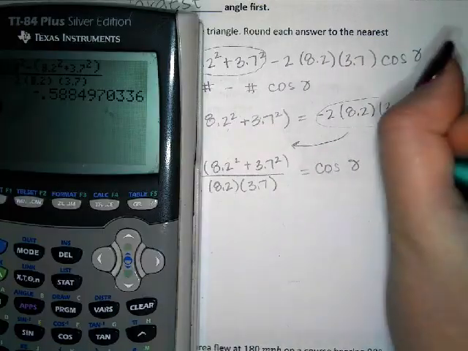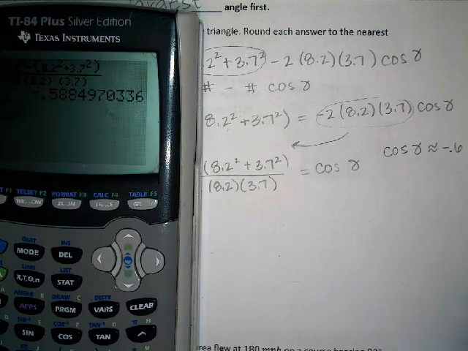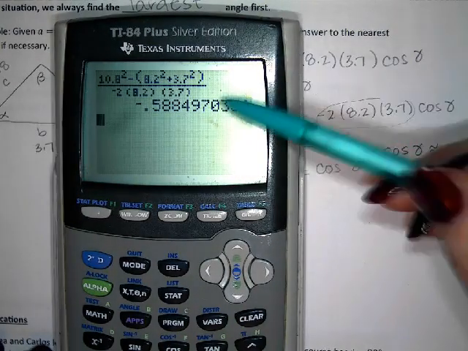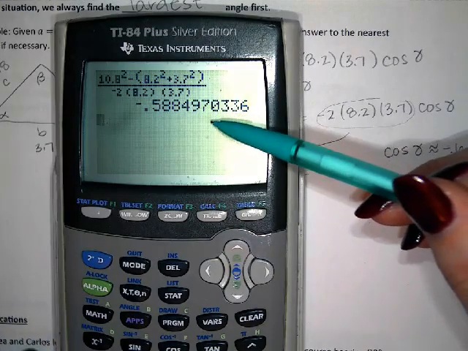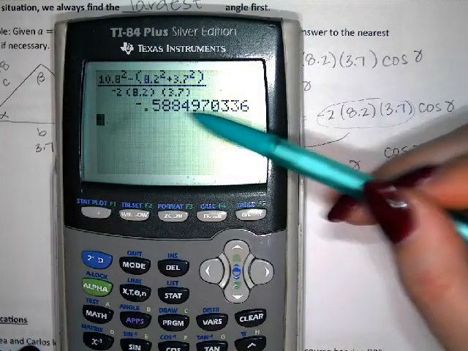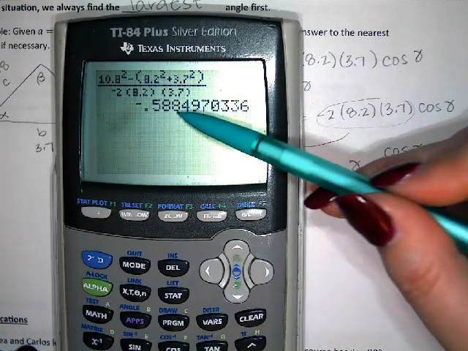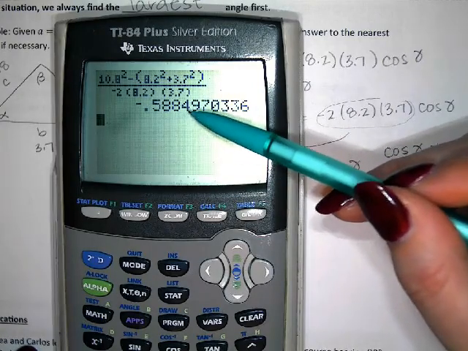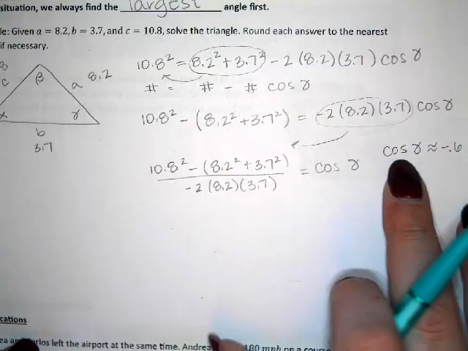So cos gamma is approximately -0.6. And remember, just like with the law of sines, here we have cos equals something. Cos is adjacent over hypotenuse. The graph of cos bounces between -1 and +1. We should always get a decimal here. So some sort of decimal that's negative or positive, it doesn't matter, but that decimal should be smaller than 1 or greater than -1. It should be a decimal that's not bigger than a whole number. So cos gamma is -0.6 approximately.